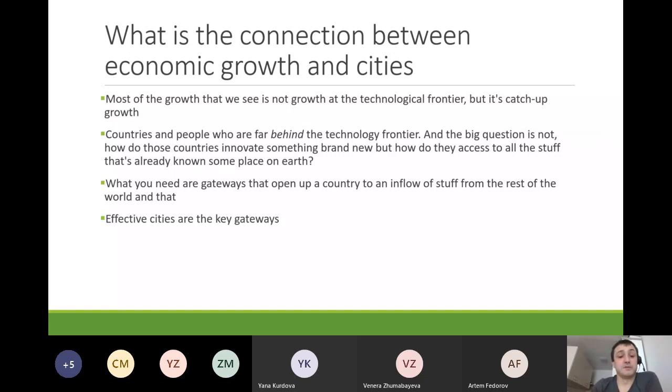And well, I just want to take it back to regional economics a little bit. Effective cities are the key gateways. The majority of the diffusion of technology between countries happens through universities and through businesses which are located in cities. You can find that people in Beijing in China adopted the internet much faster than the majority of villages anywhere in the developed world.